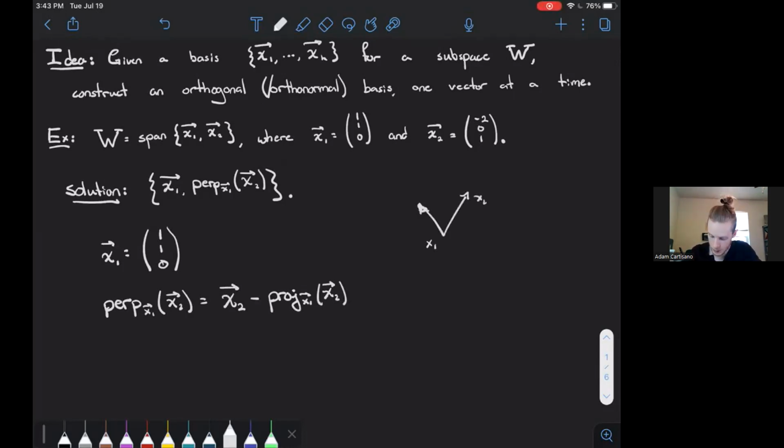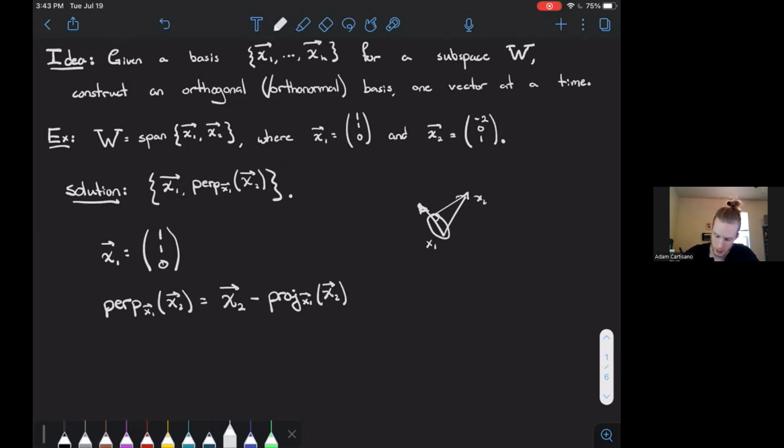What we do is we project x2 onto x1 so that you have a right angle here. The vector that's parallel to x1, anchored at the same place as everything else, but which has the same component in the x1 direction as x2, that thing is proj x1 of x2.